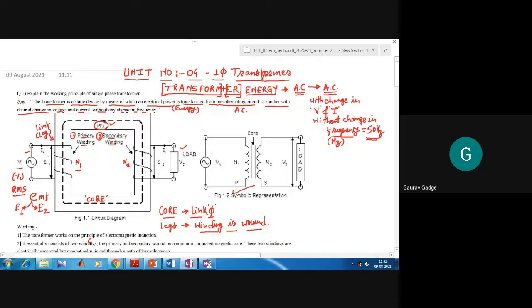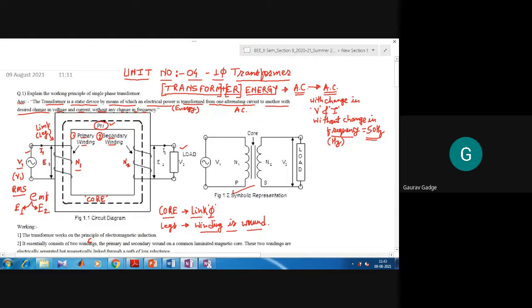So when V1 is given to this primary winding, I1 starts passing through this primary winding, develops the flux phi and induces an EMF that is E1.